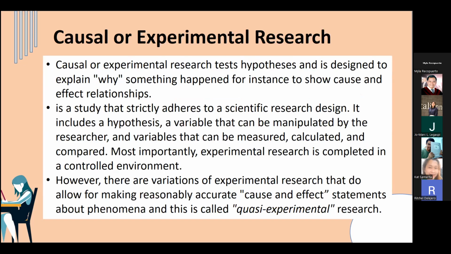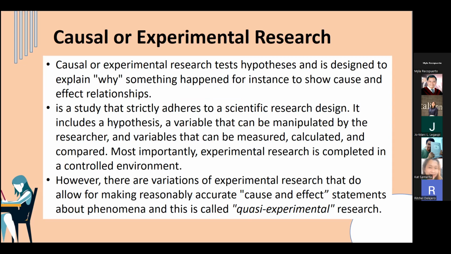And then we have our causal or experimental research. This is a research where it uses test hypothesis and is designed to explain why something happened. It is a study that strictly adheres to a scientific research design. Includes hypothesis, a variable that can be manipulated by the researcher, and variables that can be measured, calculated, and compared.